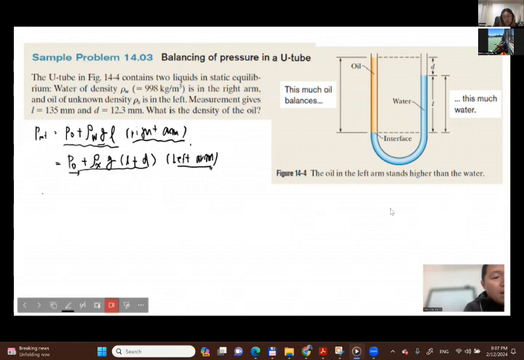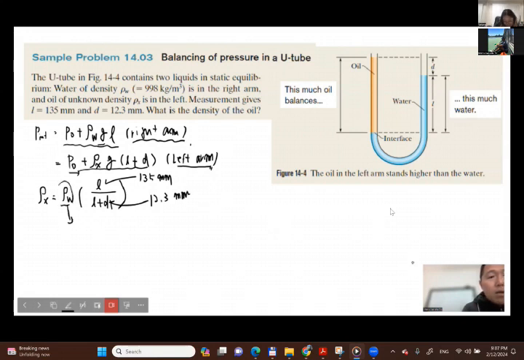So from that, rho x equals rho w times L over L plus d. Here, L is 135 millimeter, and d is 12.3 millimeter, and the density of water is 998 kilogram per cubic meter.